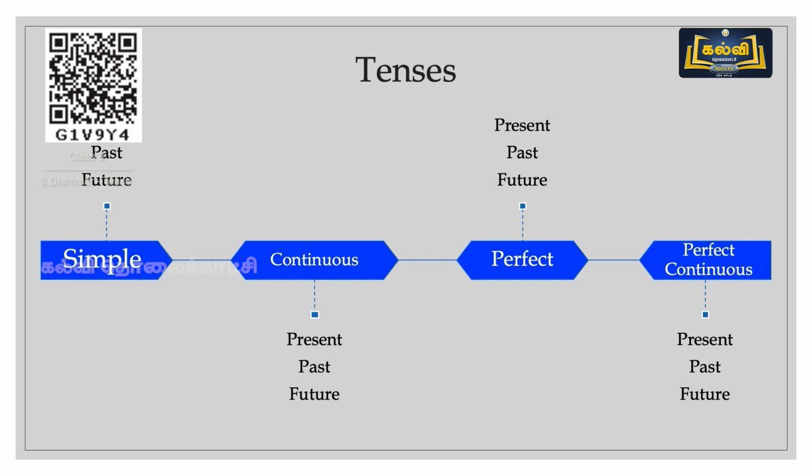So six tenses are over. Remaining: present perfect tense, past perfect tense, future perfect tense. The last three tenses have the biggest names: present perfect continuous tense, past perfect continuous tense, future perfect continuous tense.